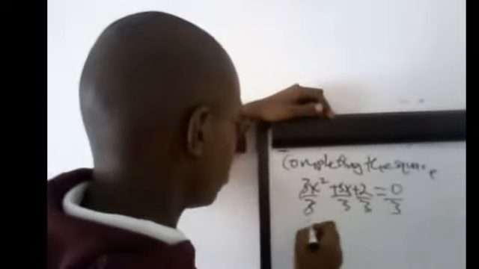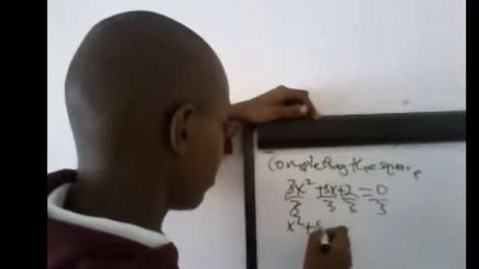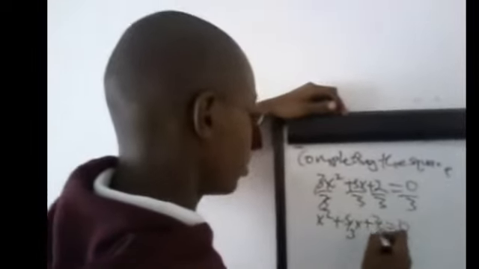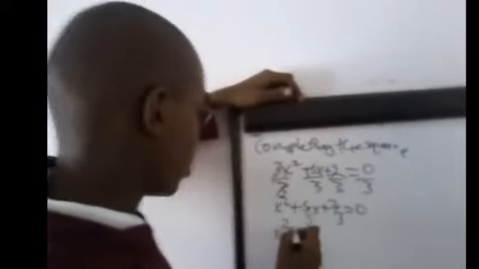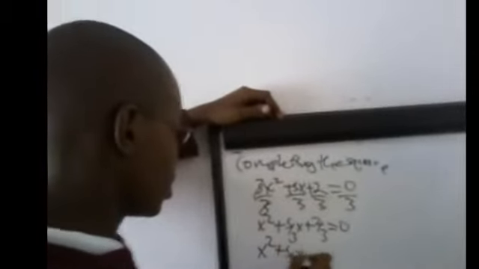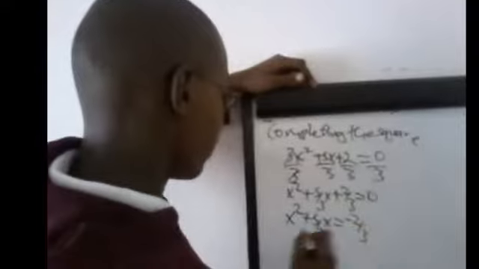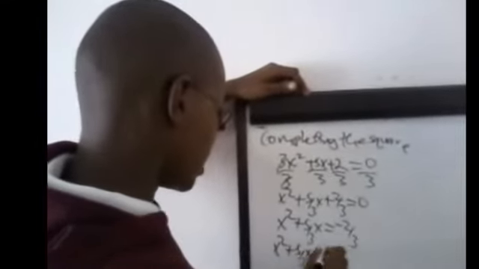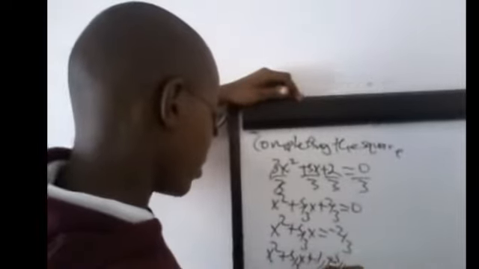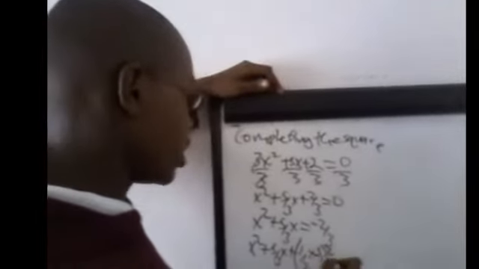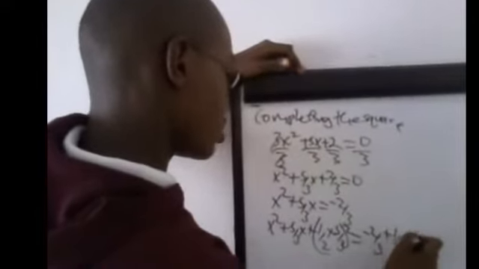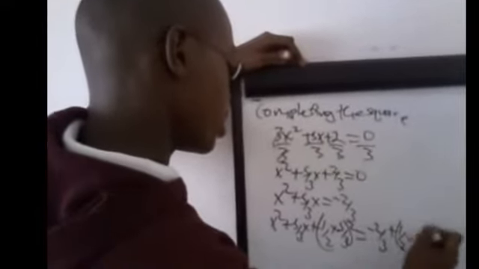So it will be x squared plus 5 over 3 x plus 2 over 3 equals 0. We take the 2 over 3 to the other side: x squared plus 5 over 3 x equals minus 2 over 3. It will be x squared plus 5 over 3 x plus (a half times 5 over 3) squared equals minus 2 over 3 plus (a half times 5 over 3) squared.